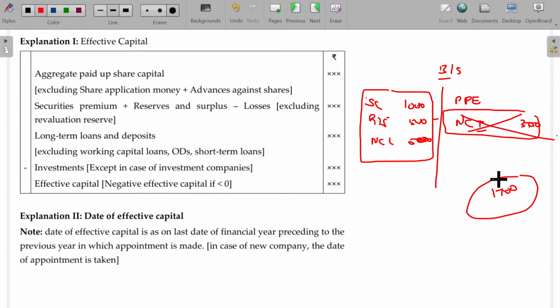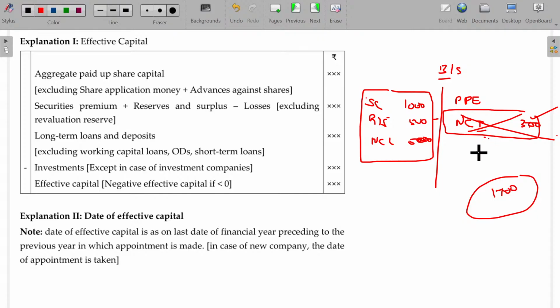I pay the interest, I pay the remuneration only when your investment is made in your business and income is generated. If you are investing 300 rupees here and you say, I earned so much interest, then as a shareholder, you will say, don't invest, sir, I will invest. So your effective investment is the investment made other than the non-current investment, meaning non-operating investment. It is not related to your business operation, remove it.